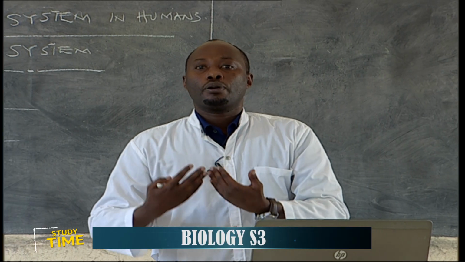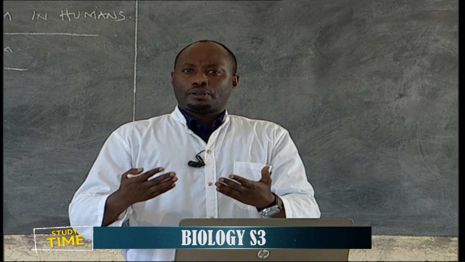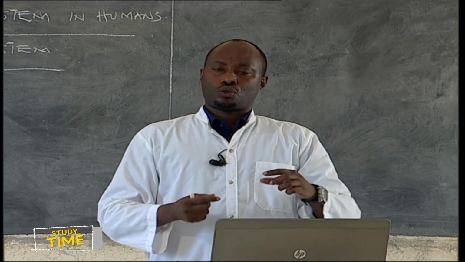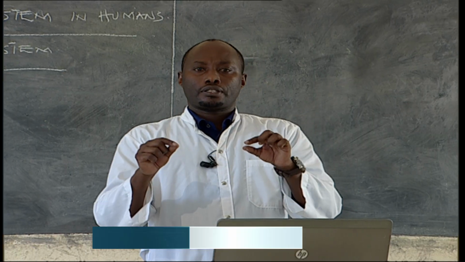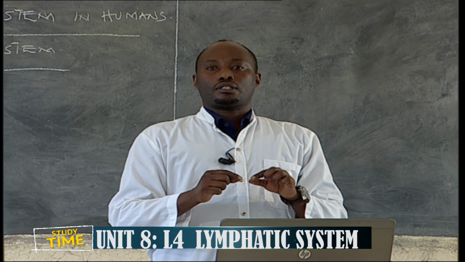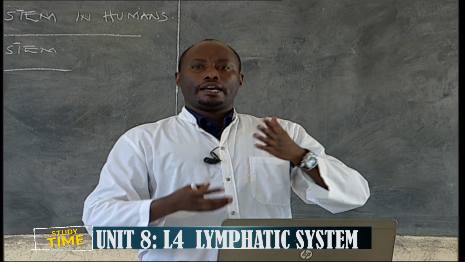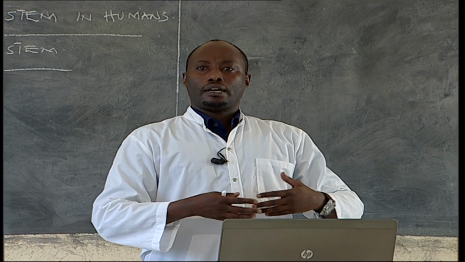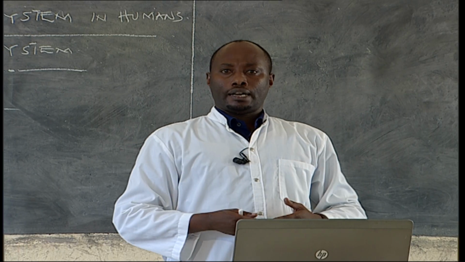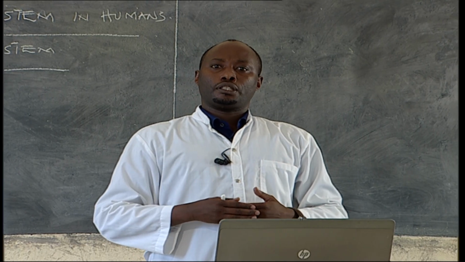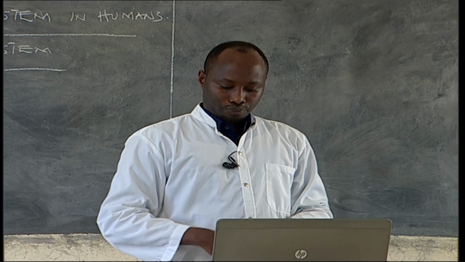They defend our body against infection. So protecting the body against infection is done by lymphocytes. They are normally found in the armpits, in the neck, in the throat, and in many parts of the body, and they are very important in protecting the body against infection.